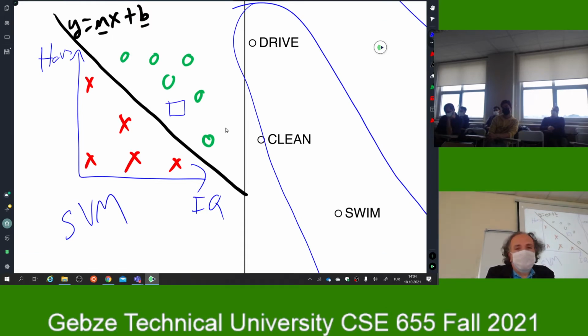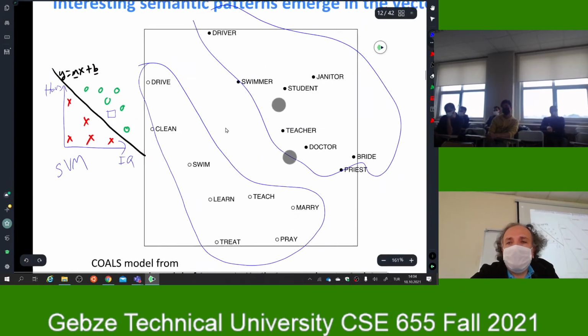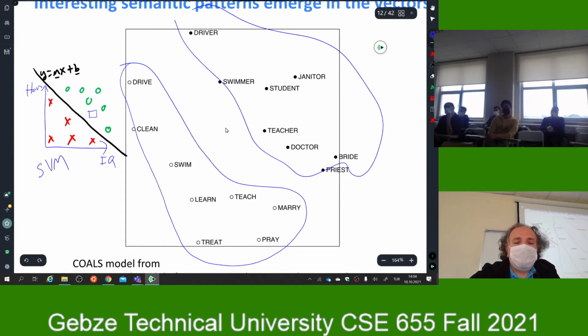So it's a very simple classifier. Why am I telling you this? Because I can do the same thing here too. Given this data of the names and the verbs, or the professions and the verbs, I can draw a line like that.